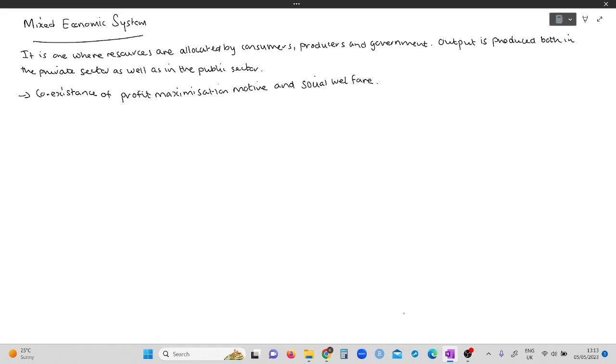Resources are both allocated, so there are both. Consider the free market uses the price mechanism. So resources are both allocated by the price mechanism and by government planning. So there are both in the government.